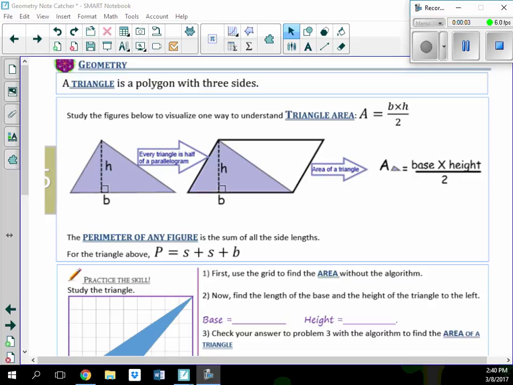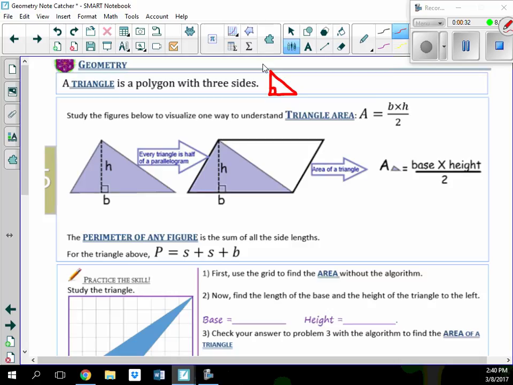All right, today it is our goal to formalize the algorithm for a triangle. And yesterday, you guys worked really hard, and Cooper gave us an amazing summary of the strategies that we use to find the area of a right triangle. And remember, that's a triangle that has a 90-degree angle.